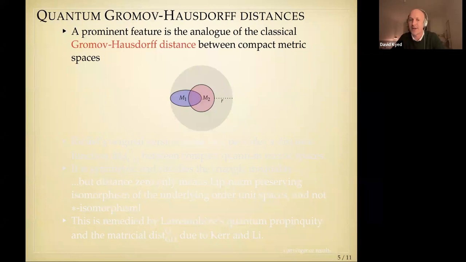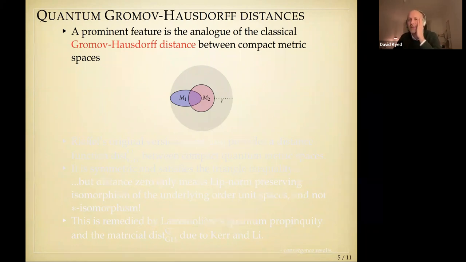If you have two metric spaces, M1 and M2, and you want to measure their Gromov-Hausdorff distance, you just look at all possible ways that you can stick M1 and M2 into a common metric space and see how well you can make them align. The best possible way that you can do that will be the Gromov-Hausdorff distance between the two metric spaces M1 and M2.